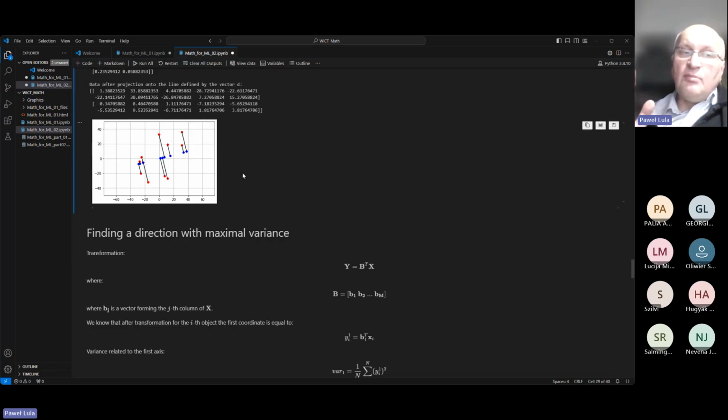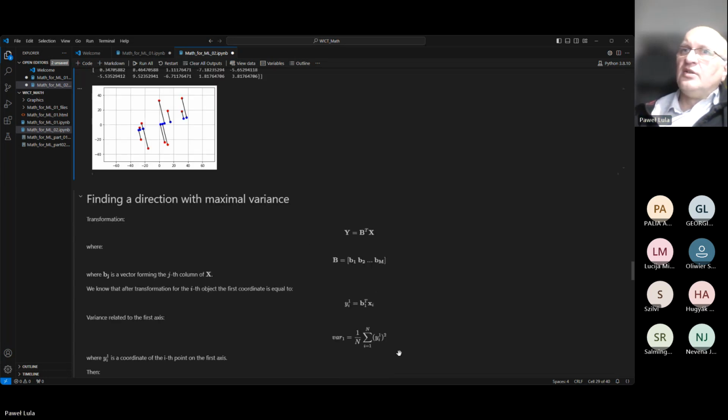When we are talking about the first axis, we are thinking only about first coordinates of these points, because on this first axis we have first coordinates, and they are defined in this way.